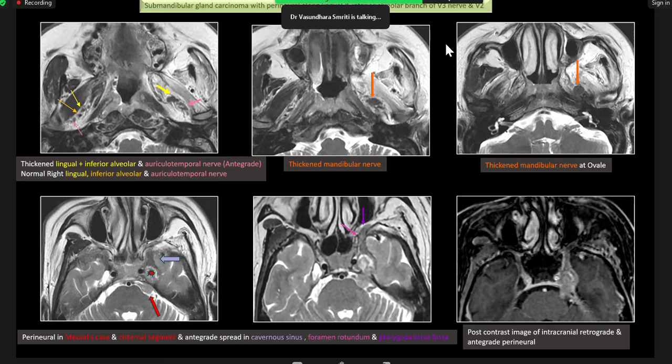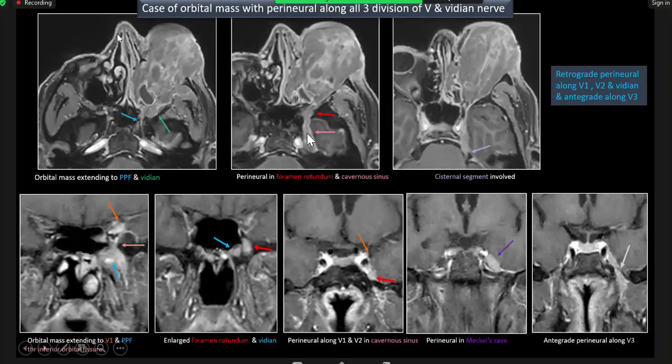Also, when we look at the trigeminal, we also see pterygopalatine fossa via foramen rotundum along the V2. So this is a retrograde V3 spread and an antegrade V2 spread of the perineural. This was a large mass of the orbit. It was extending through the Vidian canal, involving the foramen rotundum, that is involving the V2, extending to the cisternal segment.